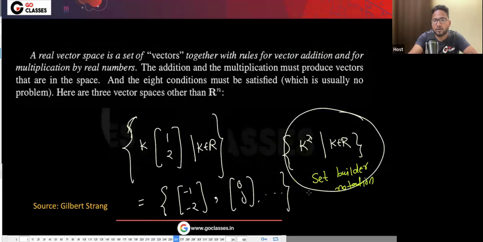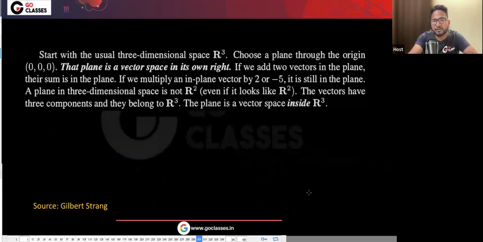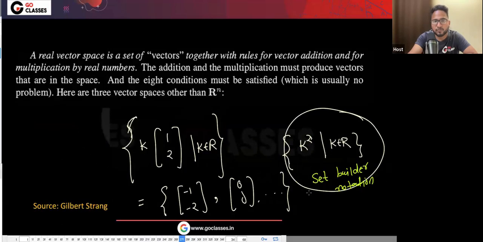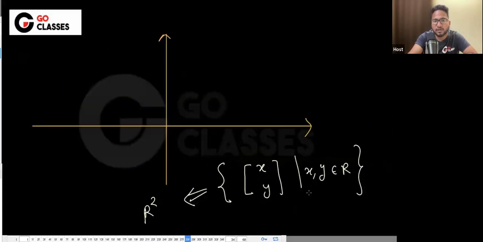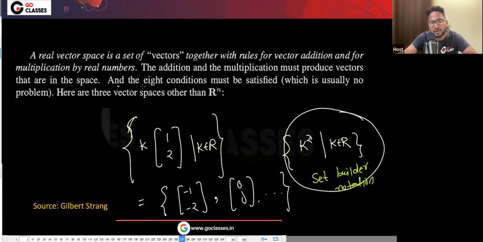So now let's see the formal definition. This is again the intuitive definition only. So we will see the formal definition. What they are saying here is that there are actually eight conditions that must be satisfied. That is a screenshot from Gilbert Strang's book. So what are those eight conditions? We will see them.